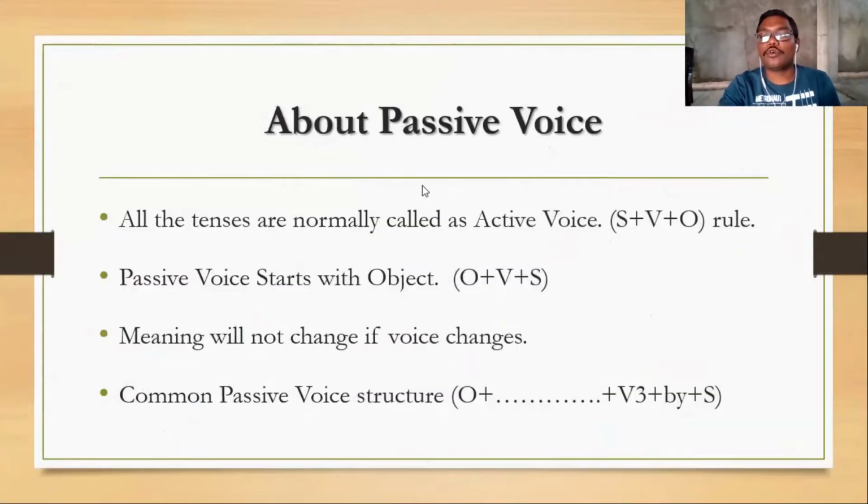About passive voice: when we discuss passive voice, we can find two voices, active and passive. So what is the difference between them? For all the tenses we normally discuss, we know that there are 12 tenses, and all those 12 tenses are normally called active voices.